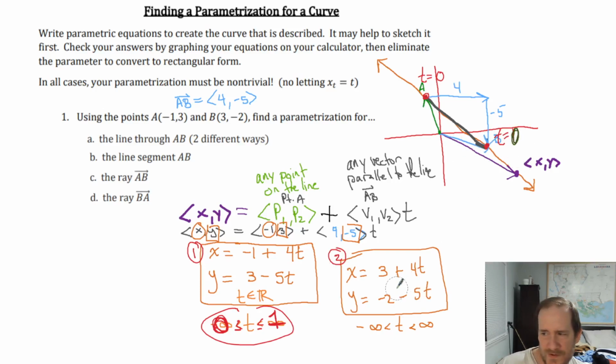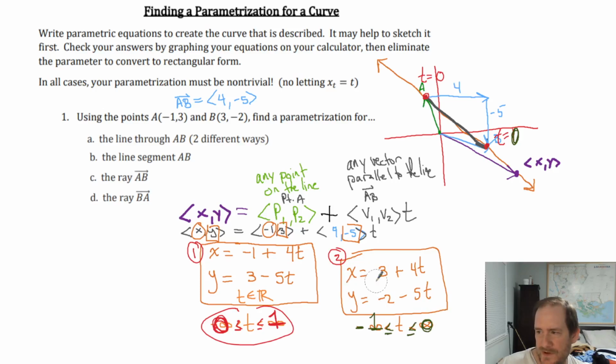And I still use the same vector, the one that points from A toward B. So time 1 for this equation would push me from B to a point that's like AB units away down here. So if I wanted to go from B to A, I'd need to let t be -1, which seems to me to say that for this set of parametric equations, we'd go from -1 to 0 to get the same line segment.